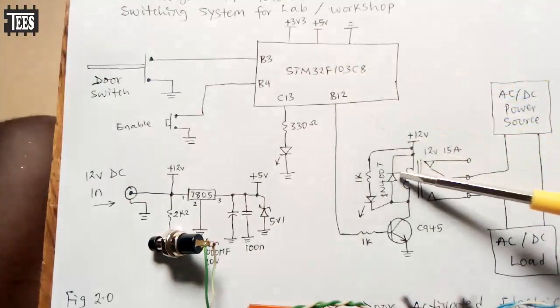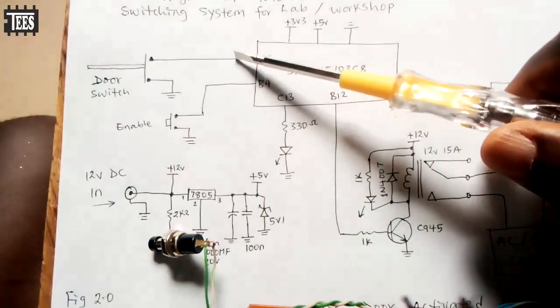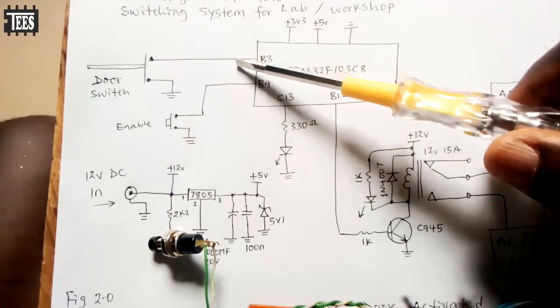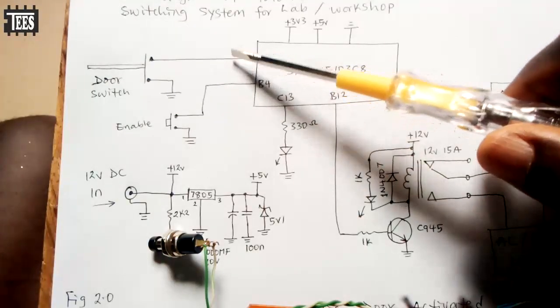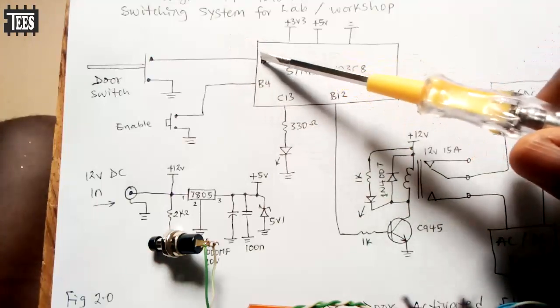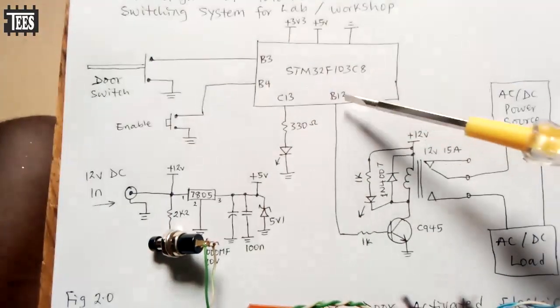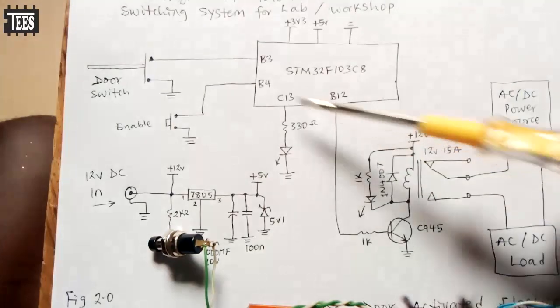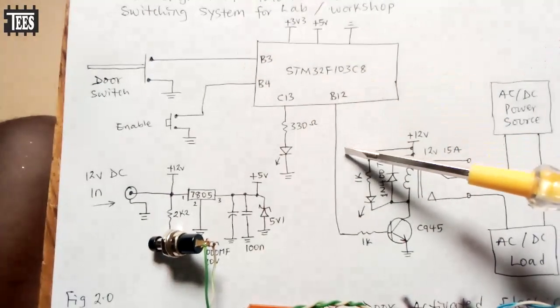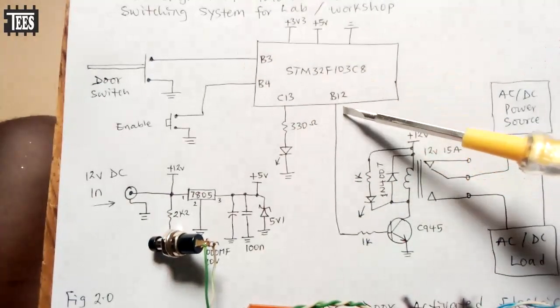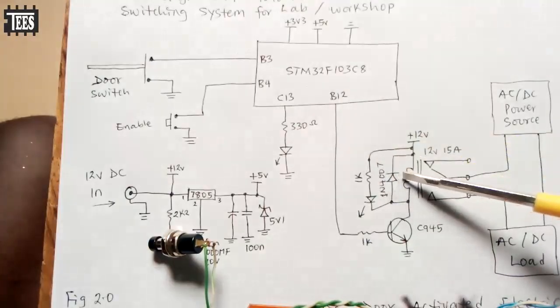This relay should be on as long as this pin here, PB3, is on logic 1. As long as this input here is logic 1, send logic 1 here. So when the input here is logic 1, the output here is logic 1. Once there is logic 1 there, it means that the relay will be on.